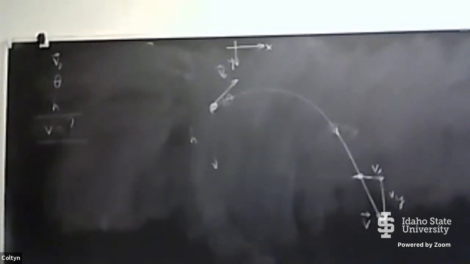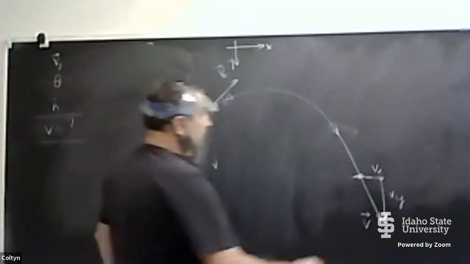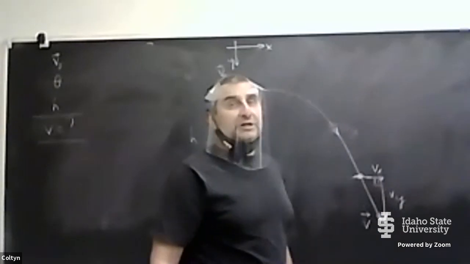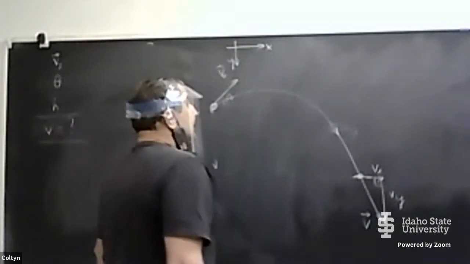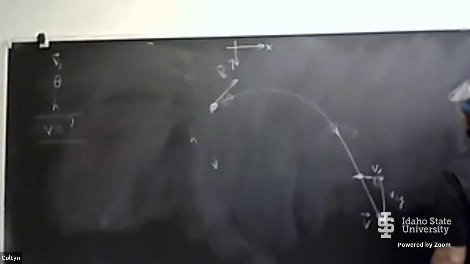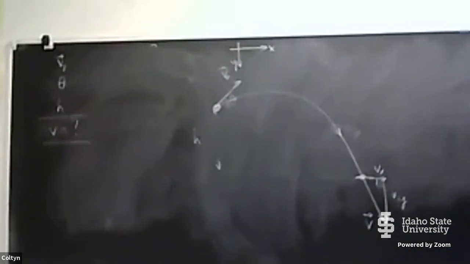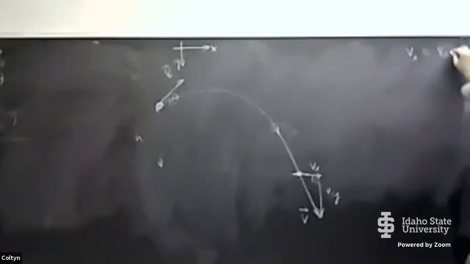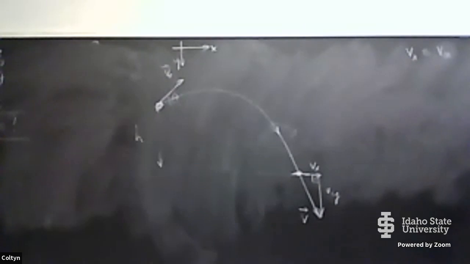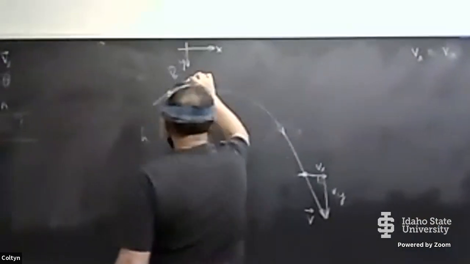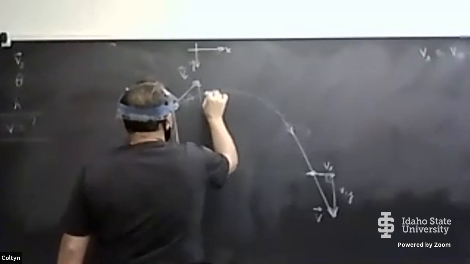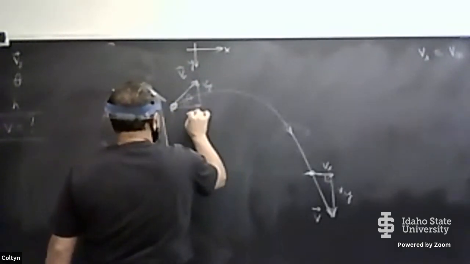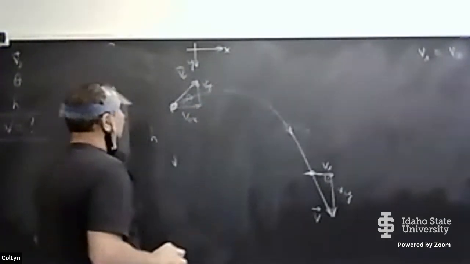And look, to find the final velocity in magnitude, you need to know the components of the final velocity, the x and the y component of the final velocity. Well, the x component of the final velocity is exactly the same as the x component of initial velocity. In other words, here is the initial velocity vector decomposed to y component and x component.